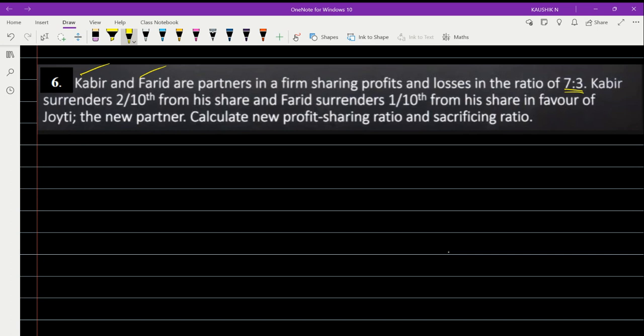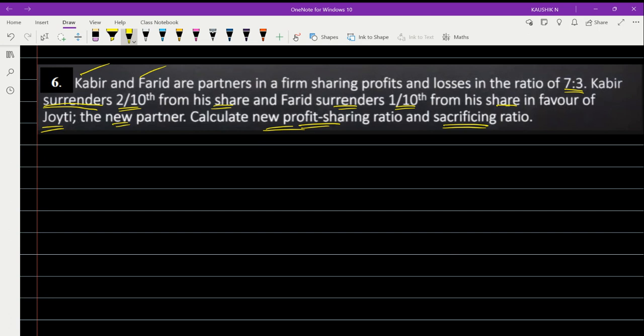Kabir surrenders 2 by 10th of his share and Farid surrenders 1 by 10th of his share in favor of Jyoti, who is a new partner. Calculate the new profit sharing ratio as well as the sacrificing ratio.